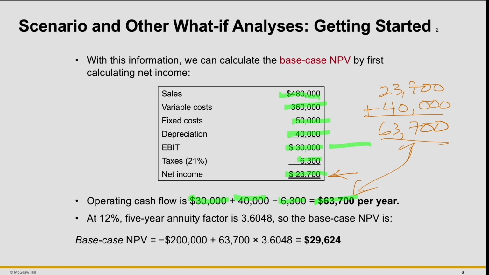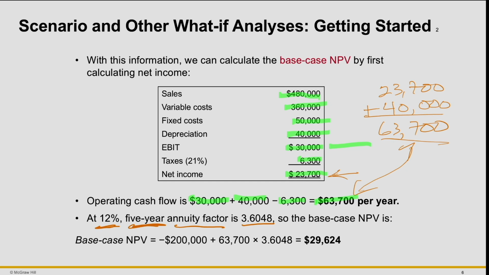So in the base case here, we know that we have a 12% cost of capital, 5-year life, and they've calculated the annuity factor for us, and that turns out to be 3.60.